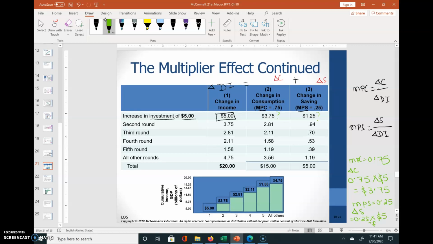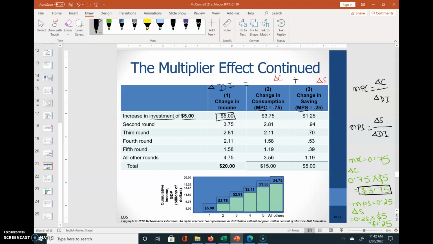This one is 1.25. Or when we find out this change in consumption, we can subtract this change in consumption from change in income and we can find the change in savings. We can do it either way.